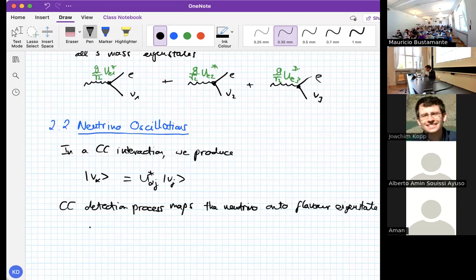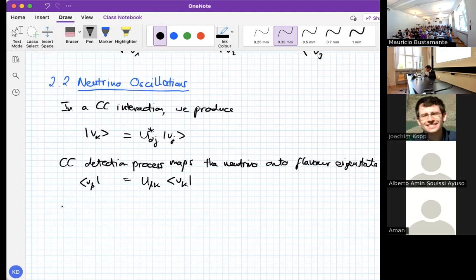And we call that state ν_β, and we're writing it as a bra vector here for later convenience. So that state is now U_βk ν_k, and the summation over j and k is now implicit because I don't want to write so many sums.